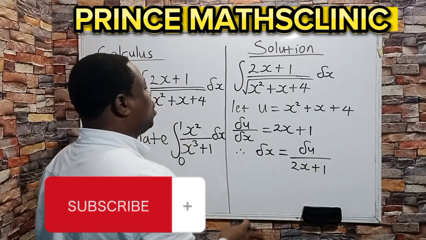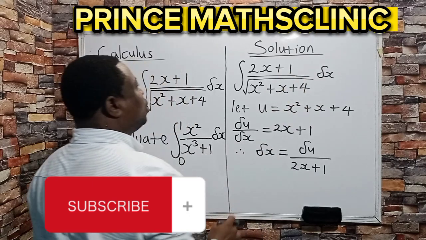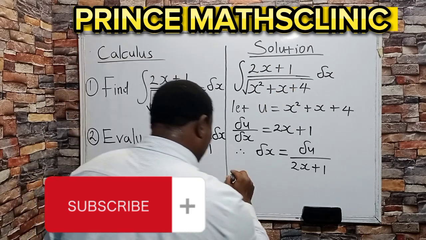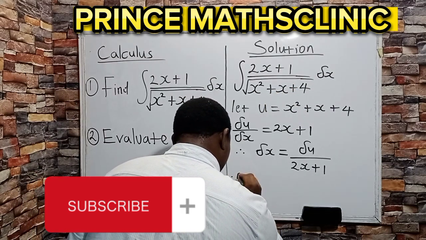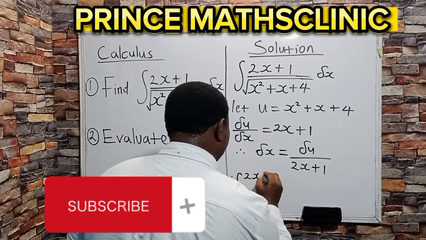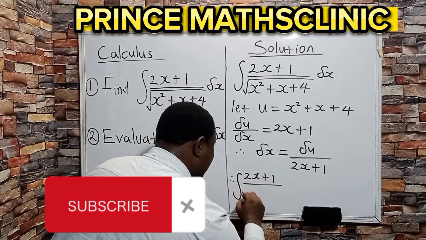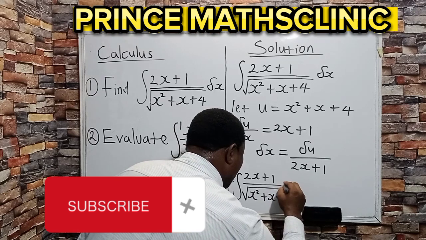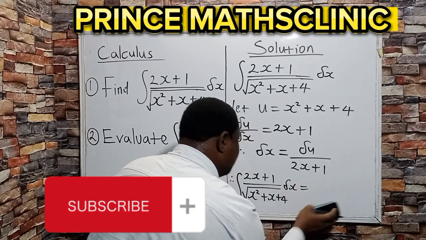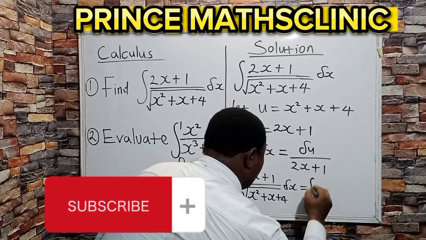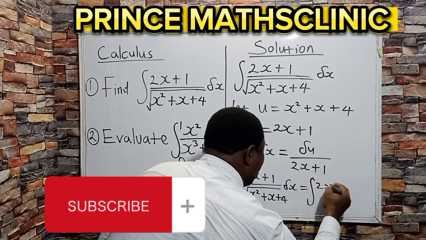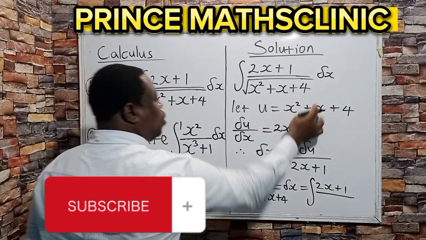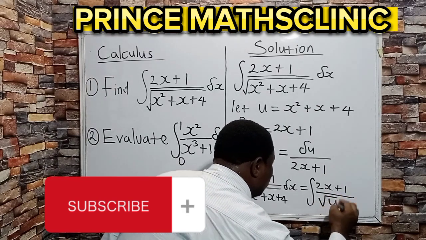So I can substitute back into this particular equation by replacing this and this. Therefore, the integral of 2x plus 1 over the square root of x squared plus x plus 4 dx will become the integral of 2x plus 1 over, remember, we said everything is u, so this becomes square root of u.